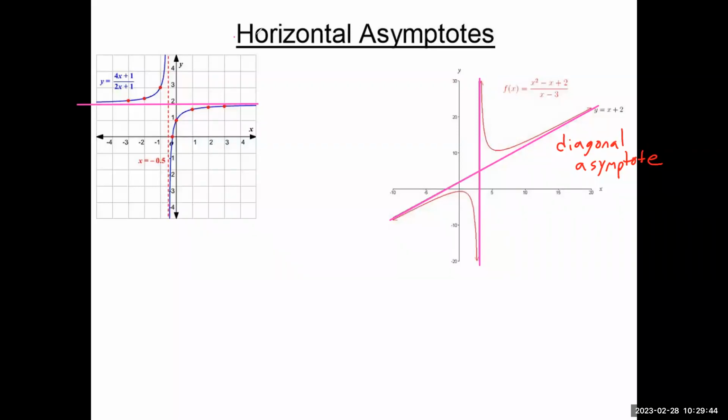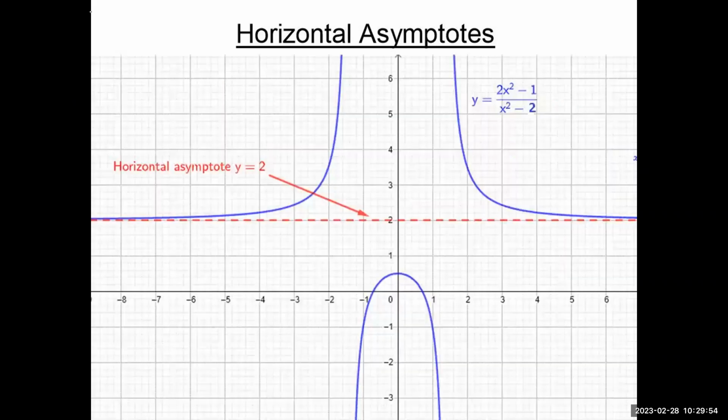In part two, we're going to look at how I know when I have each one. A little bit of a spoiler alert, so go back and look at these. This one says I have a horizontal asymptote at 2. Notice right here, 2 divided by 1, 2. It works in some cases, and you'll learn why in part 2.